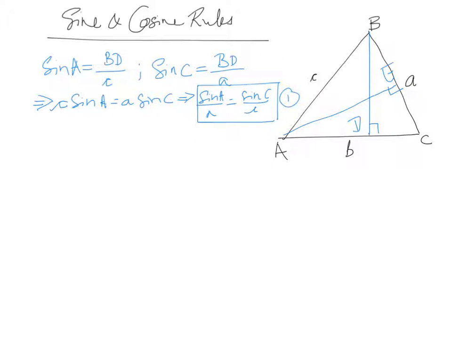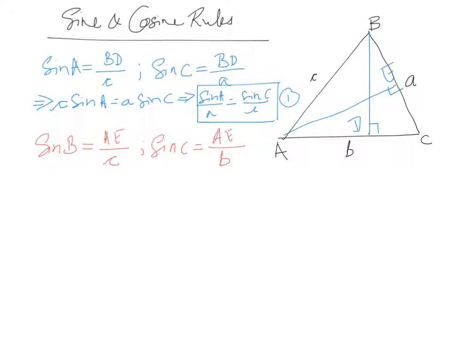Now we look at the right triangles AEB and AEC and write the expressions for sin B and sin C. In triangle AEB, we can see that sin B equals side AE divided by side AB, which is length c. And in the right triangle AEC, sine of angle C equals side AE divided by side AC, which is length small b.